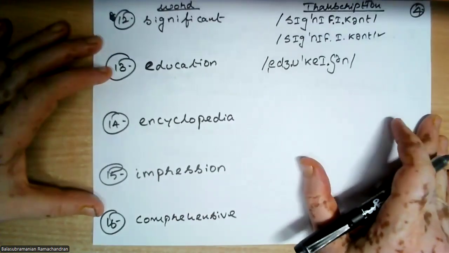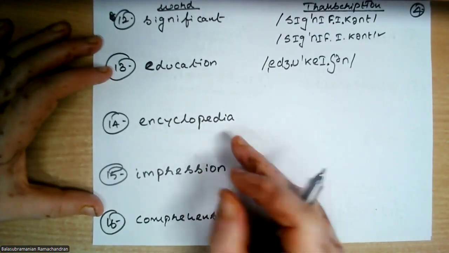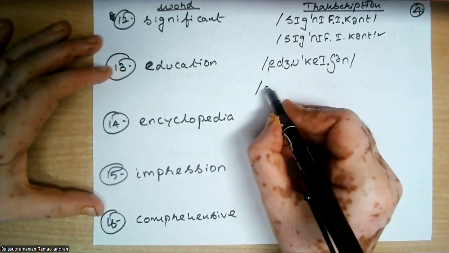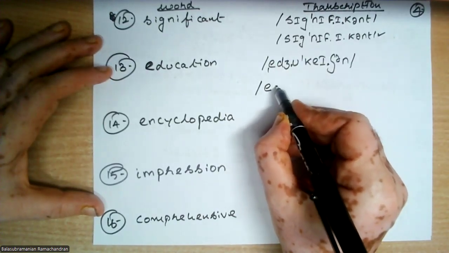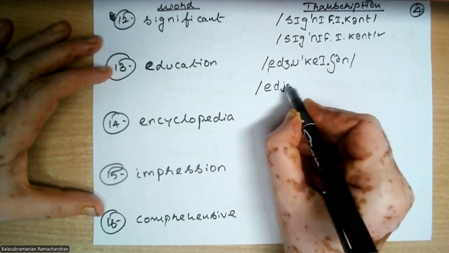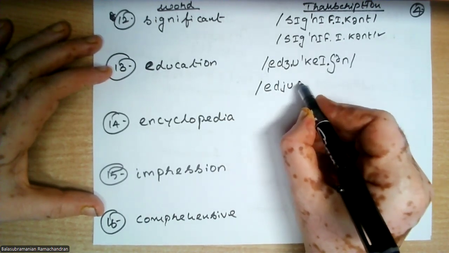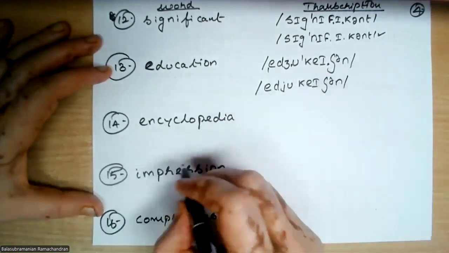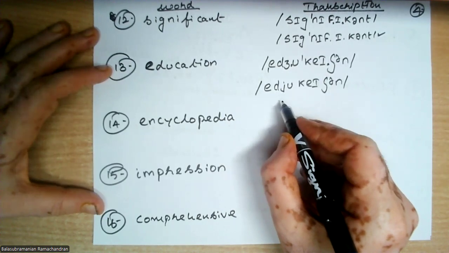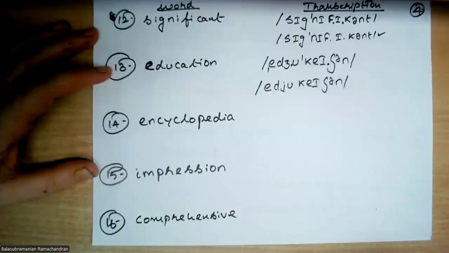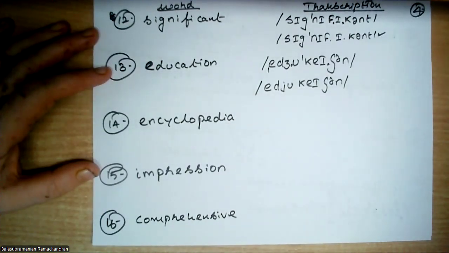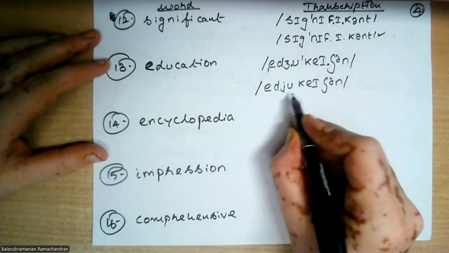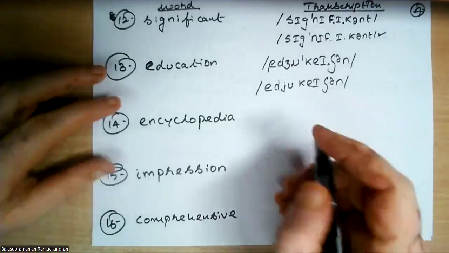Just before we move on to encyclopedia, there's an alternative transcription for education. You can also write it like this. When you transcribe it like this, the syllable division will be a bit different.